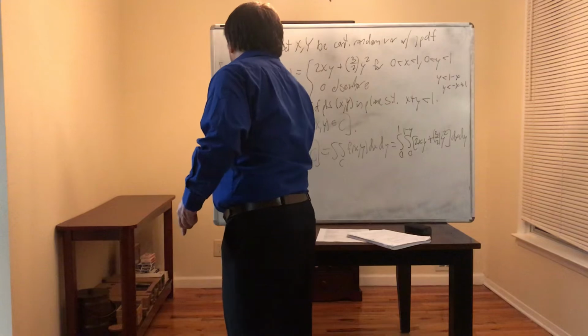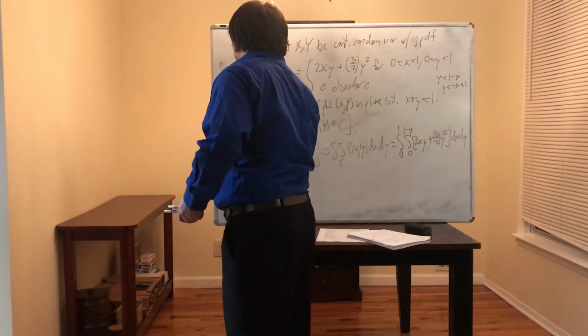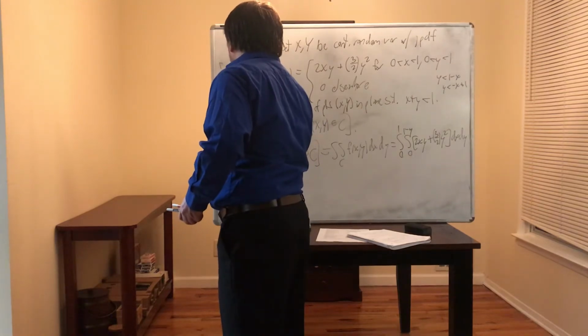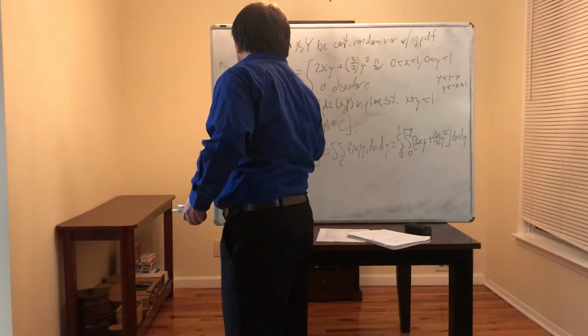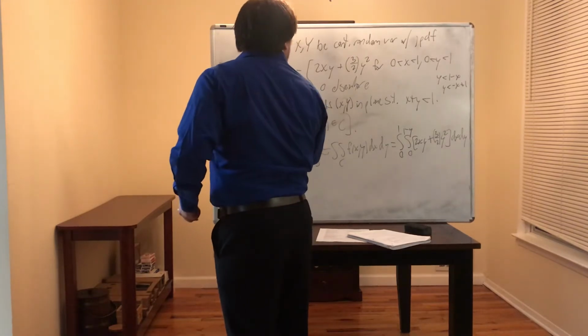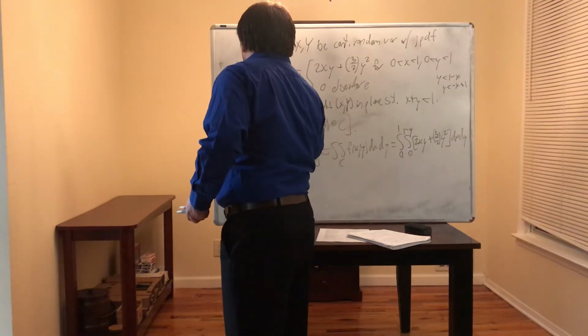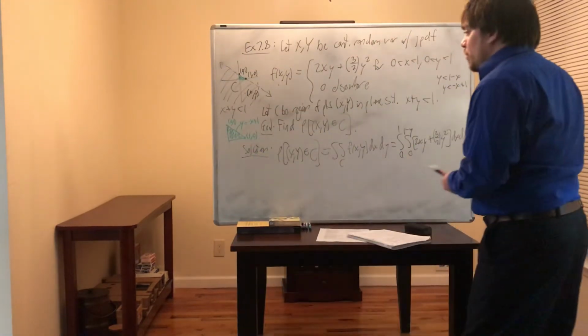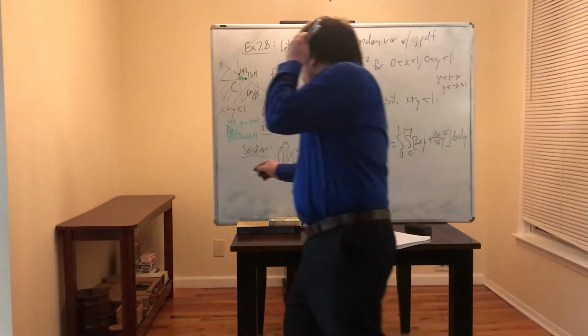And if you're looking at that green region, where this is the point (0, 1), and that's the point (1, 0), and this is the part of the line y equals negative x plus 1, then how you integrate over that is just the double integral.